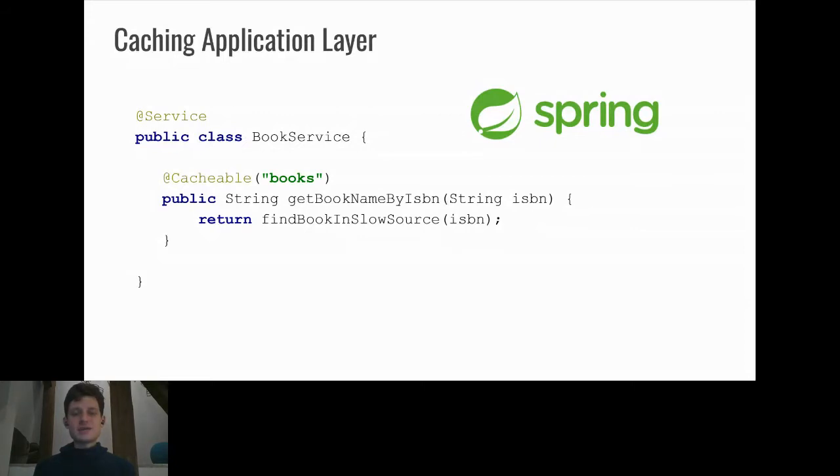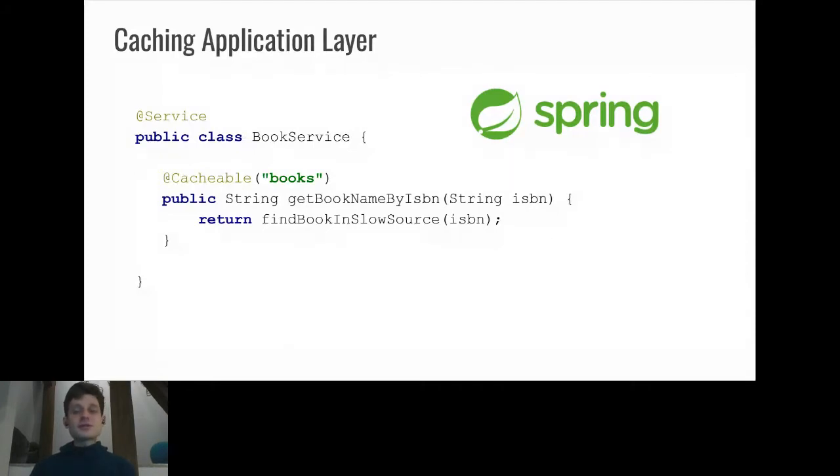We annotate it, and now every call to this method will first check if the given ISBN is found in the cache called books. If found, return the cached value. Only if we cannot find the value in the cache called books, we execute the method findBookInSlowSource.